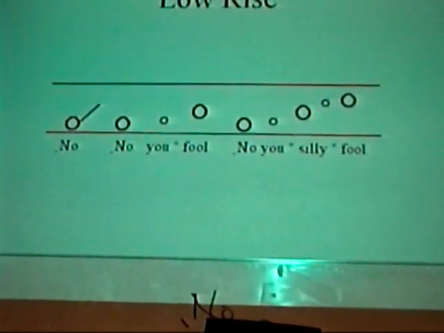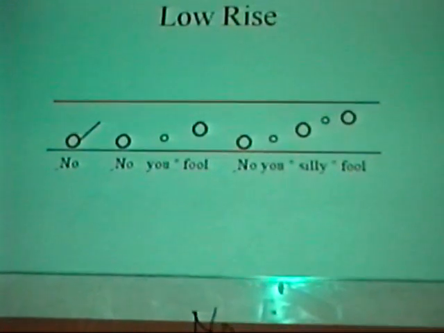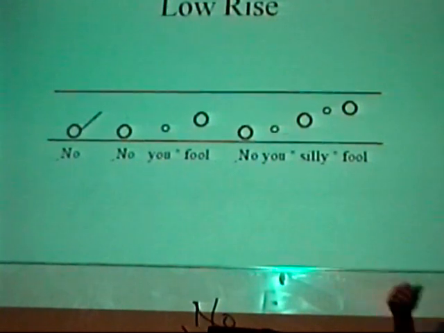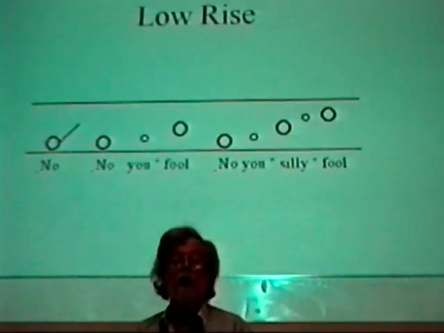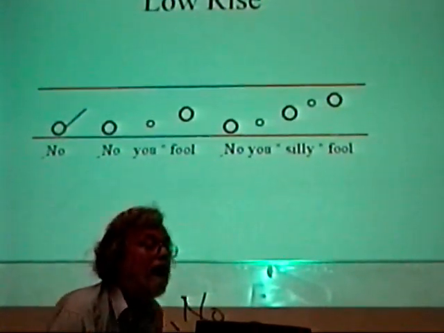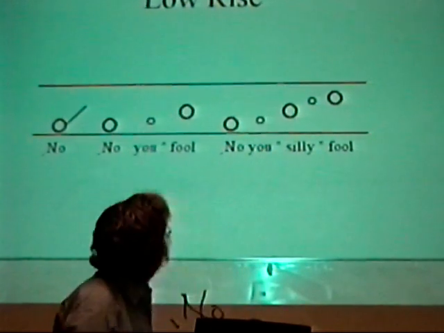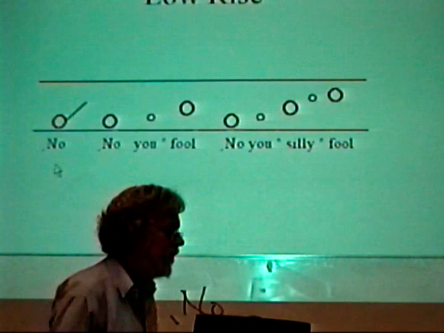So what we've got here is a low rise, starting low, and rising throughout the nucleus and the tail if there is one. So if we haven't got a tail, as we haven't in, where are we? Where's my pointer gone? Can anybody see it? Ah, there it is. There.